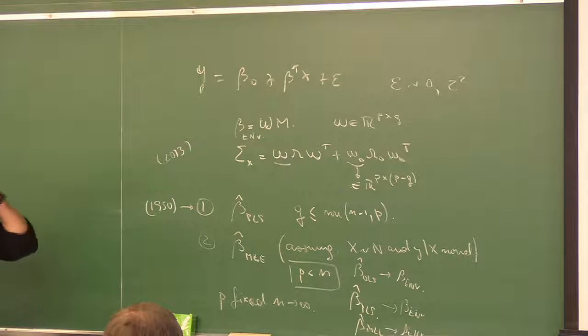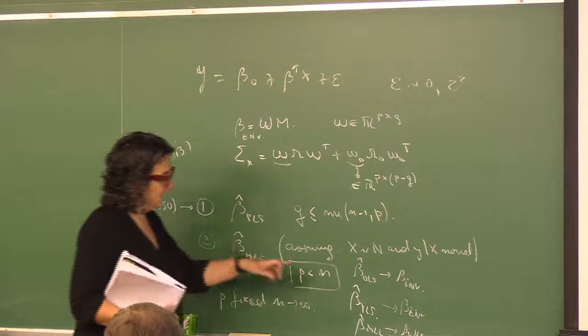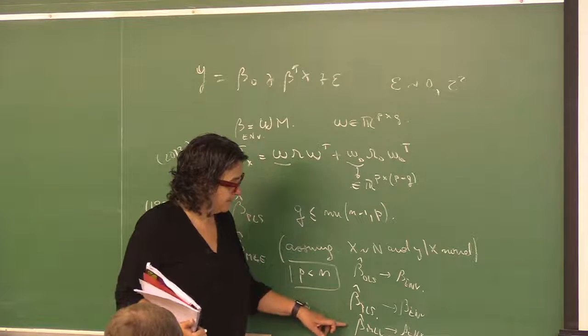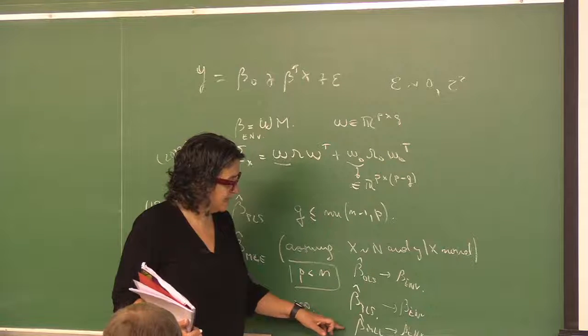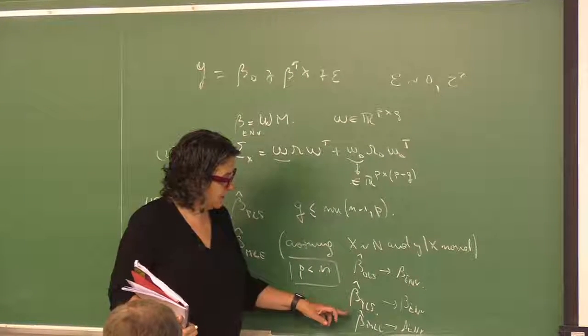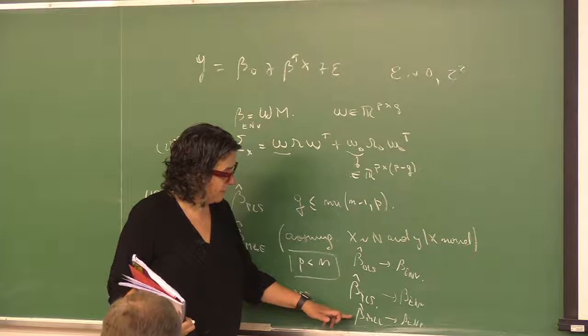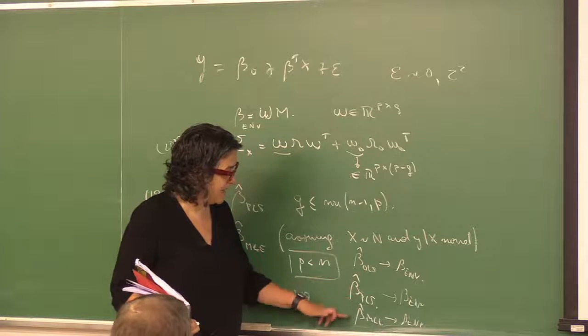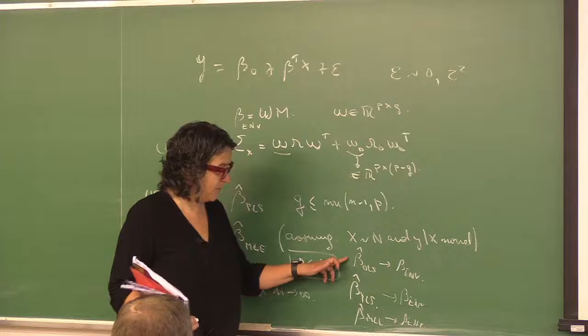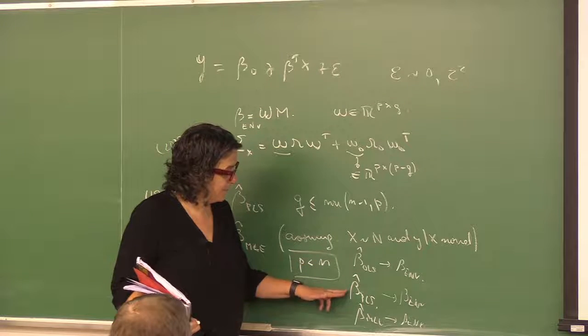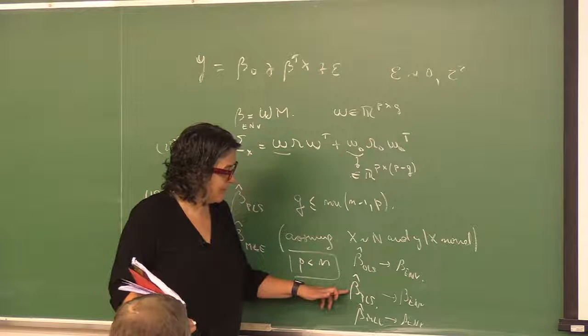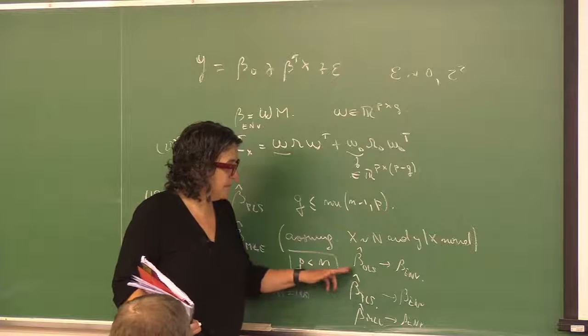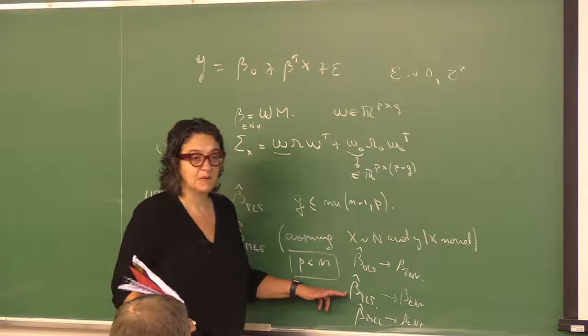And we know the asymptotic variance for each of them, and we studied the comparison yesterday. We saw that the asymptotic variance for the MLE is always smaller than the asymptotic variance for the PLS and for the OLS. And the asymptotic variance for PLS sometimes is bigger than this one and sometimes is smaller.